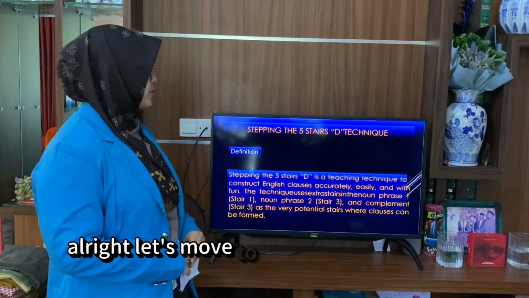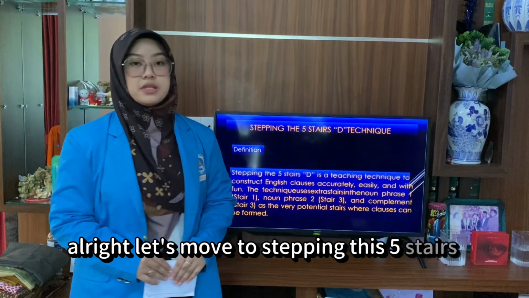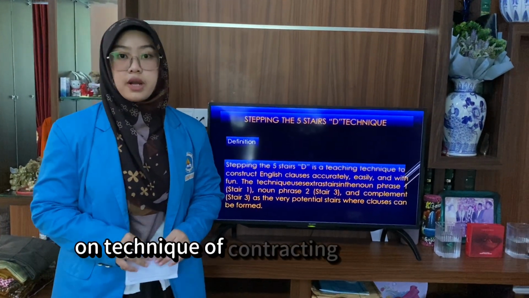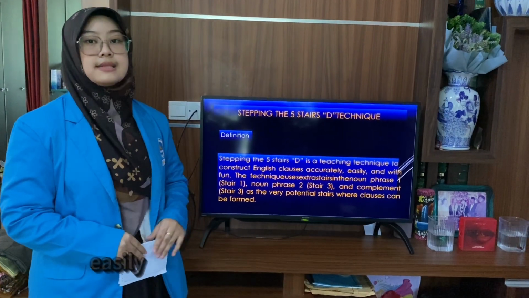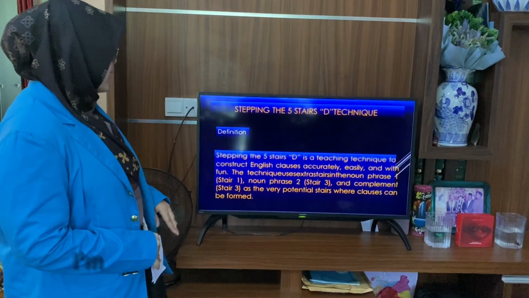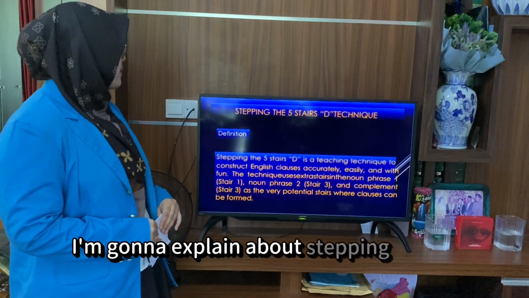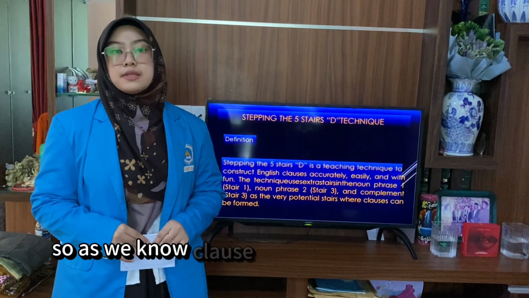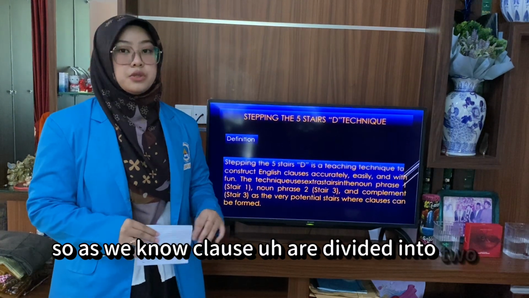Alright, let's move to the stepping the 5 stairs D technique, which contains materials on the technique of constructing English clauses accurately, easily, and in a fun way. For the first, I'm gonna explain about stepping the 5 stairs D1. As we know, clauses are divided into 2 types.